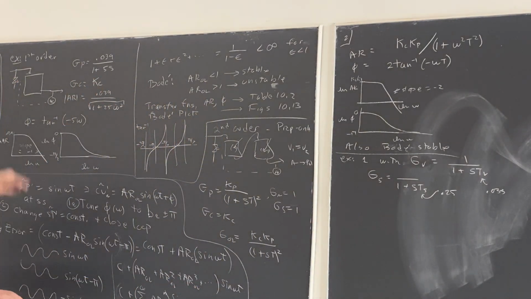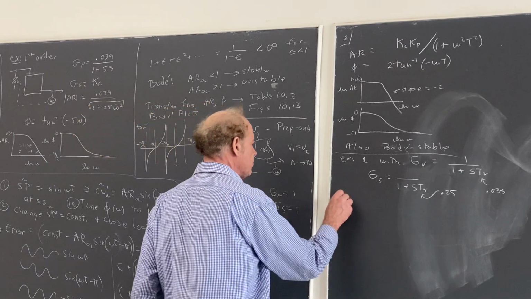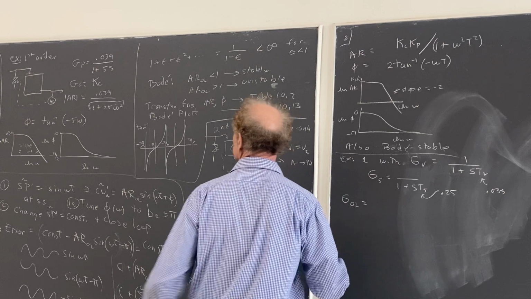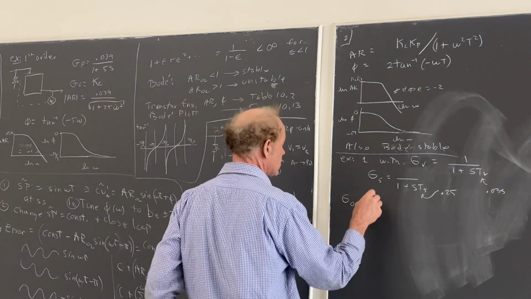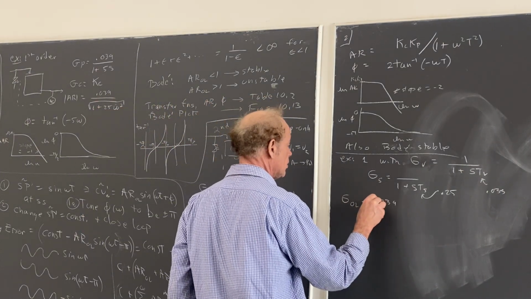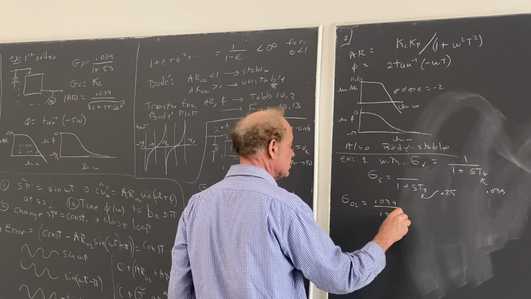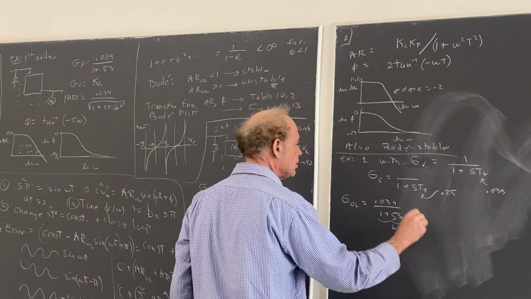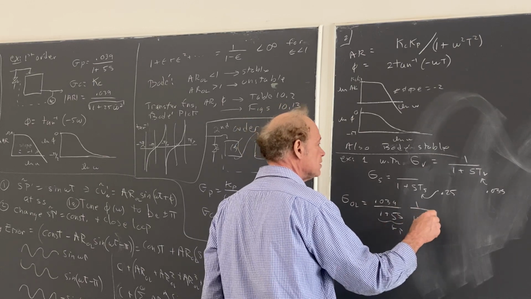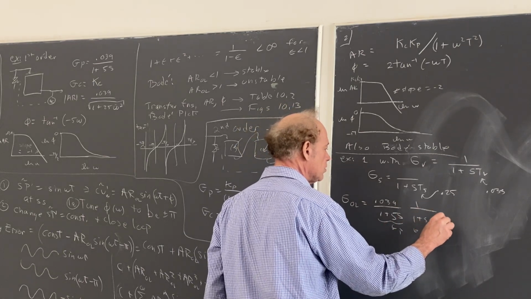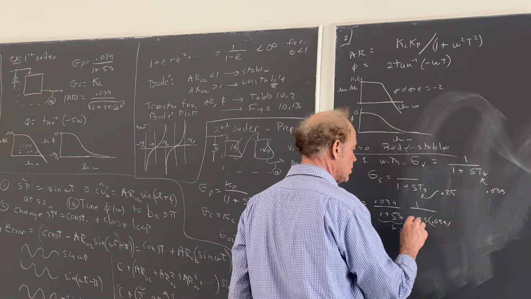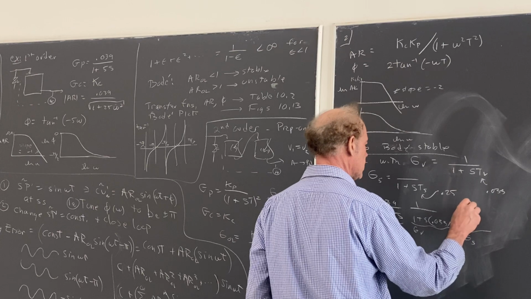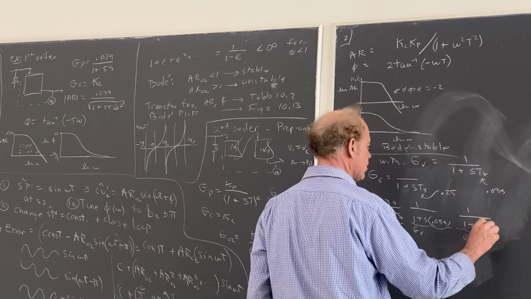So G open loop is equal to GP, 0.039 over 1 plus 5s, that's GP, times GV, which is 1 over 1 plus 0.033s, times GS, 1 over 1 plus 0.039s.